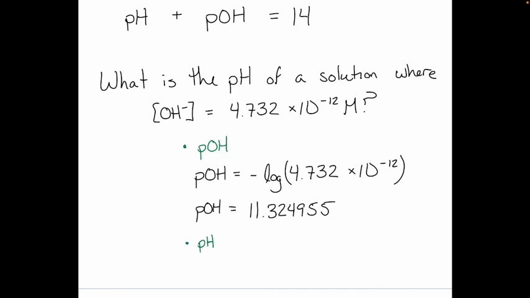What are my units? Trick question, right? No units for our pH or pOH. Okay, what about sig figs? What number am I going to mark in my pOH? How many sig figs are in my concentration? 4 sig figs. And that corresponds to the number of decimal places in my pOH. So I need 4 decimal places.